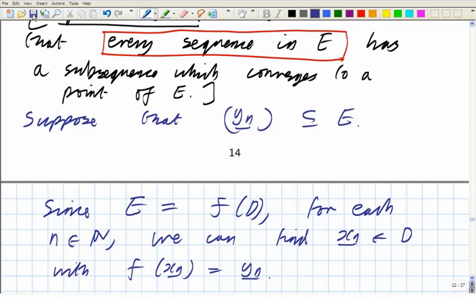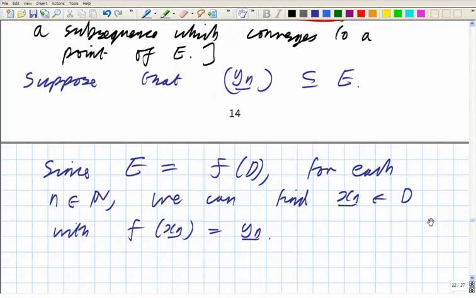So now we've used the fact that E is the image of D. The nice thing about that is that now we have got a sequence in D.